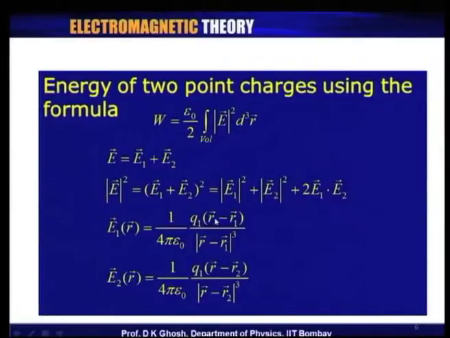each one of them will turn out to be infinite. And the reason is not very far to see. The electric field goes as 1 over r square. So, E 1 square or E 2 square go as 1 over r to the power 4, and when I do the integration over space, I have only an r square dr. So, I am left with a 1 over r square, which is to be integrated out, and as a result the lower limit diverges.